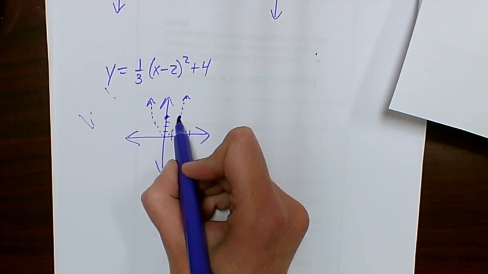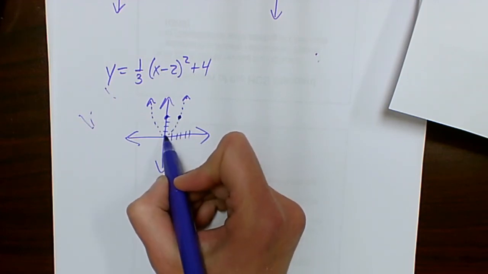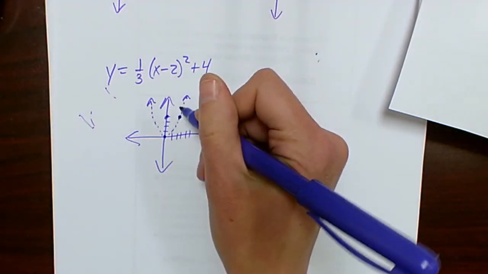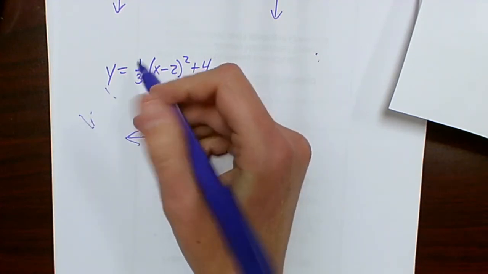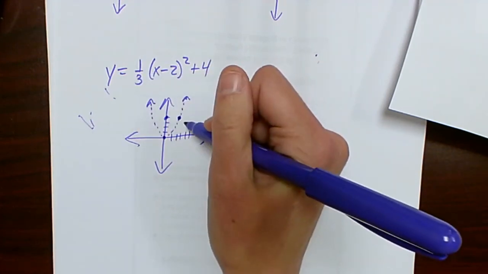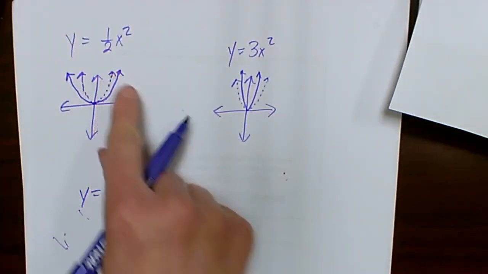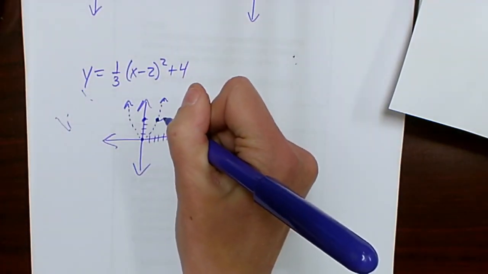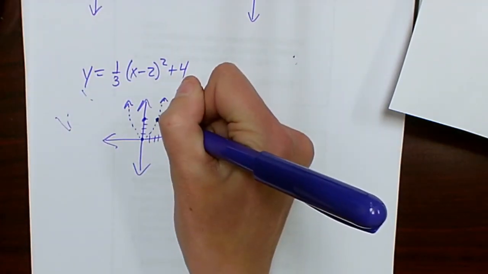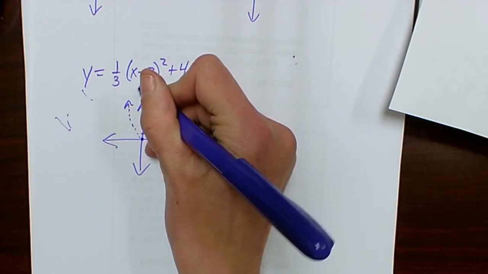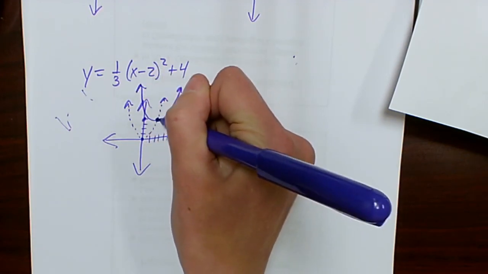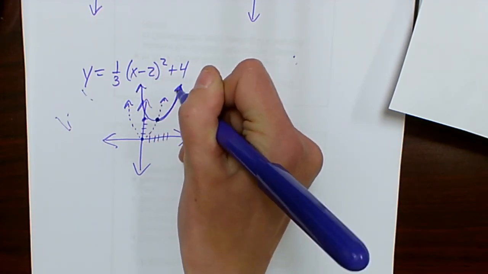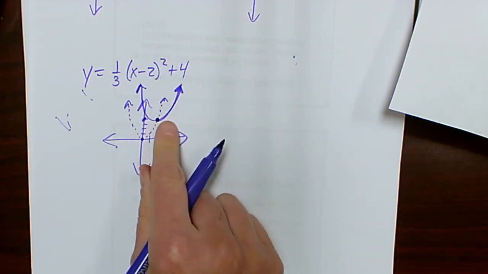So here is our new dot from our origin. We don't have to reflect it or anything, but we do have a 1/3. So remember, a 1/3 is going to give us a wider U because we're cutting all of our y's into thirds. So that is our graph.